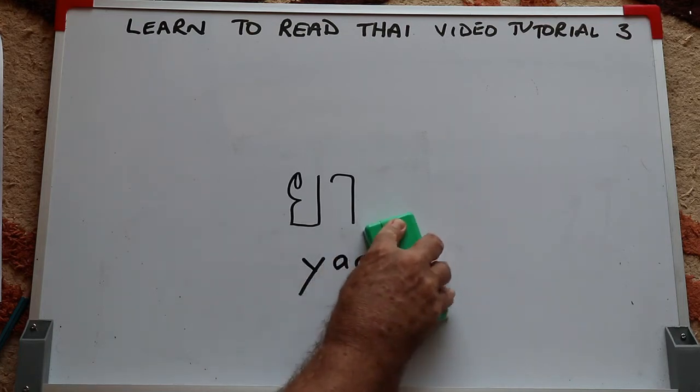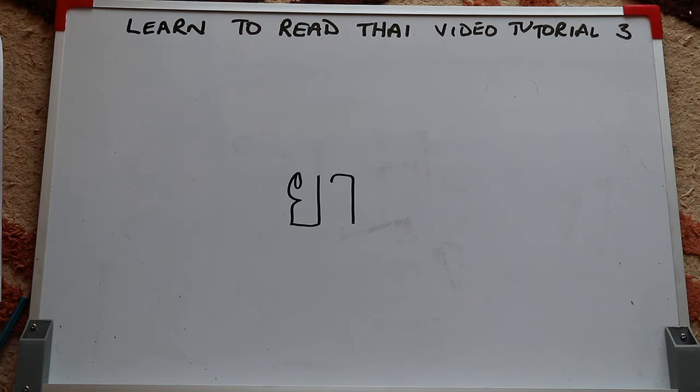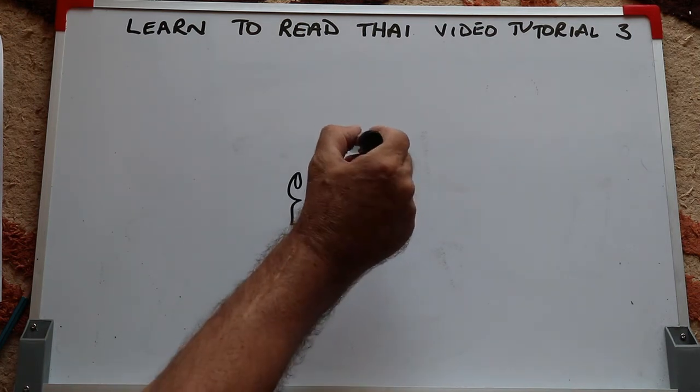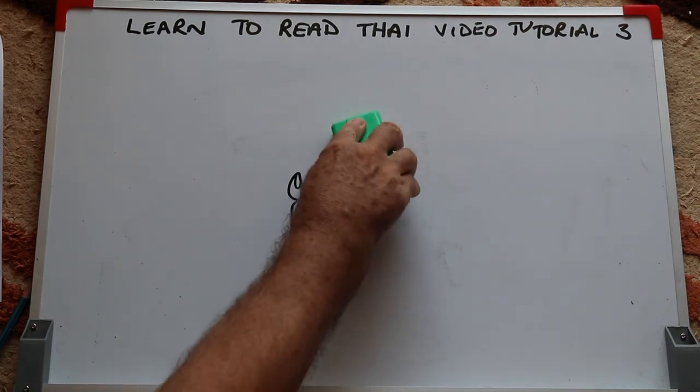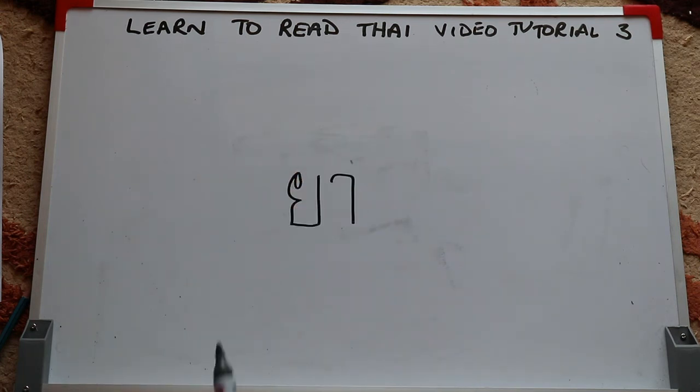I'll take off that gorgai and just add a tone mark here. Sorry, wrong position. The tone mark always goes after the initial consonant. Ya, ya. Now, you should have heard that word was different from the Thai word for medicine.